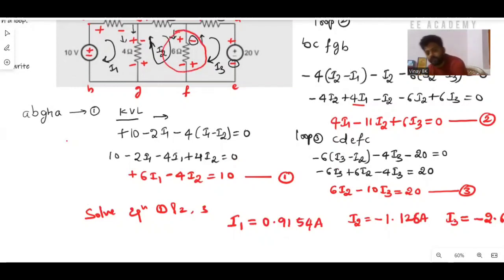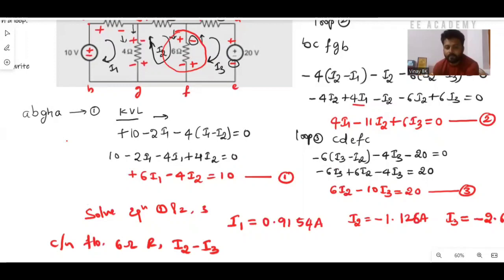So which current is flowing in the 6 ohm resistor? That is nothing but I2 minus I3, or else I3 minus I2. Whatever you consider. If it is I2 minus I3, you get plus; if it is I3 minus I2, you get minus. So the current that flows through the 6 ohm resistor is given by I2 minus I3.